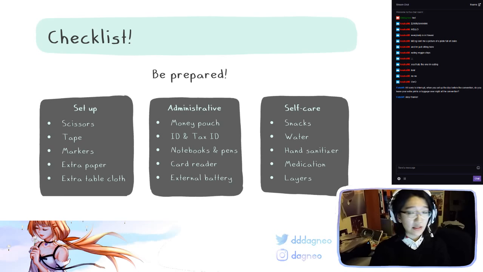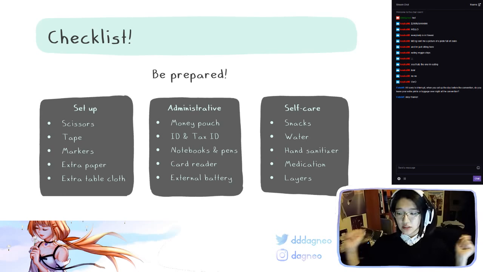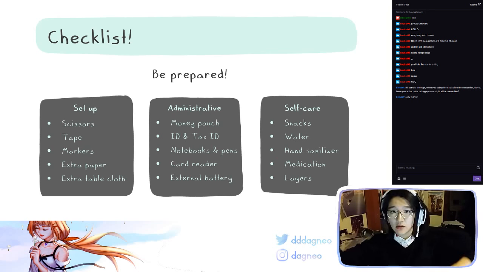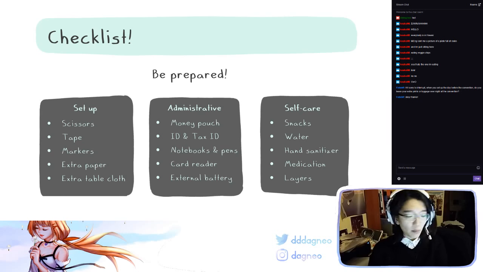It's also a good idea to have a second tablecloth, just in case that first one either gets ripped or you spill something on it or you can't use it for whatever reason. And you can use it to cover your table at the end of a convention. I'll actually talk about that in my next section, but for now, extra tablecloths are great.